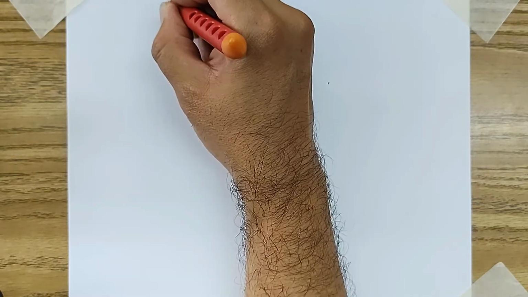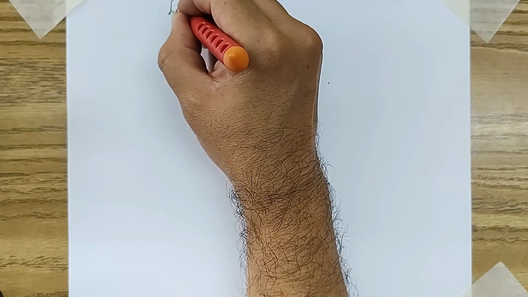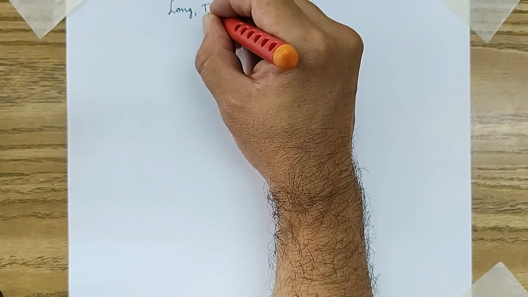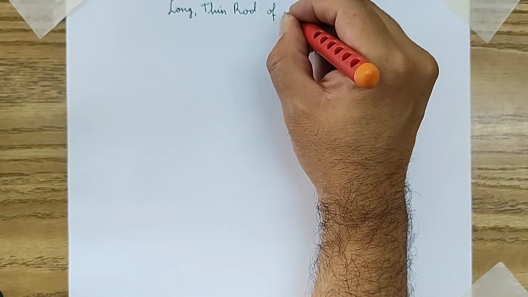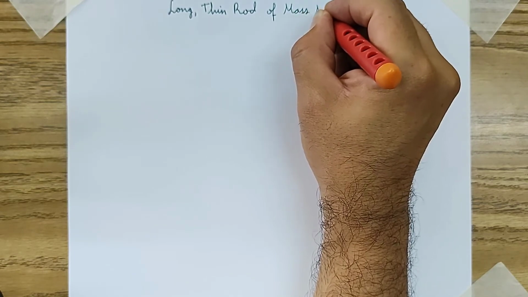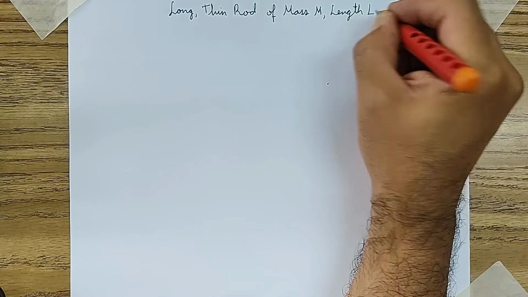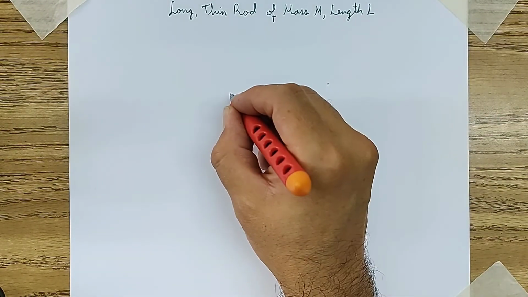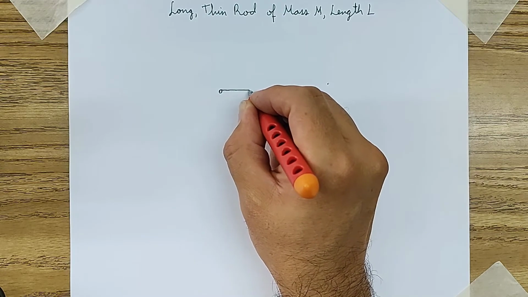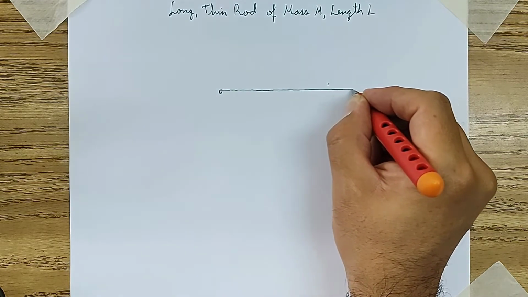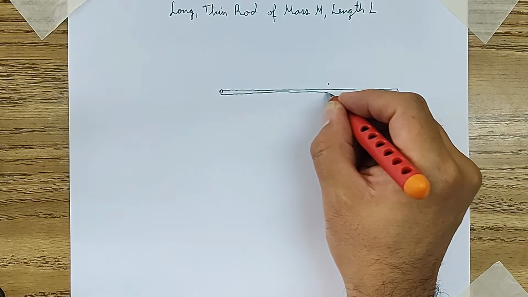In order to do that, we are going to start with the simplest possible object, which is a long, thin rod of total mass m and total length L. This is the most symmetrical object that we are going to work with. Basically, the mass of the object is distributed along one dimension only.